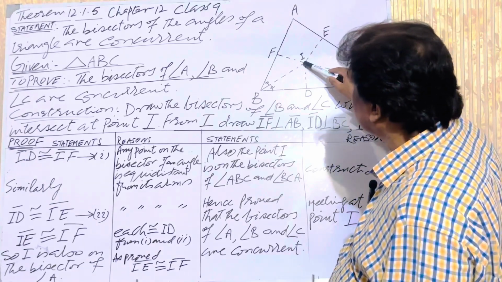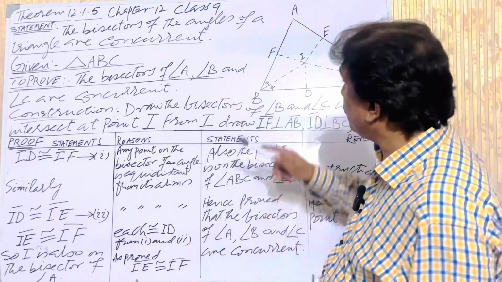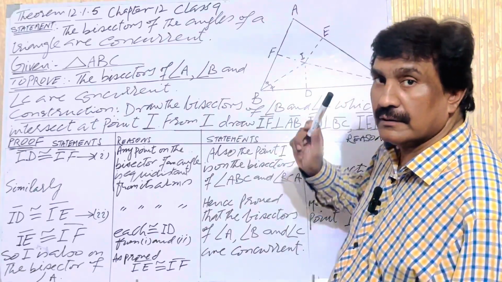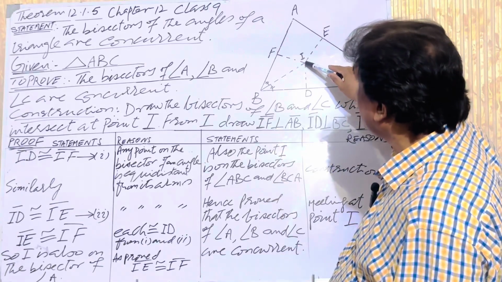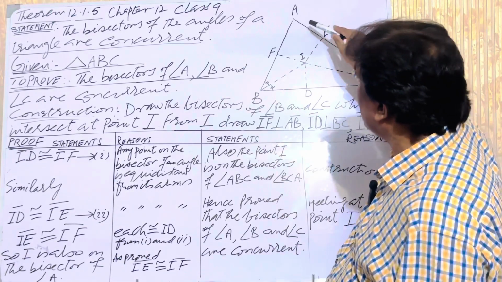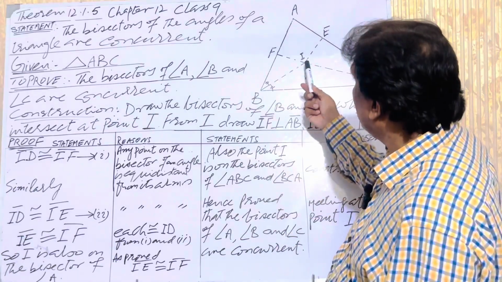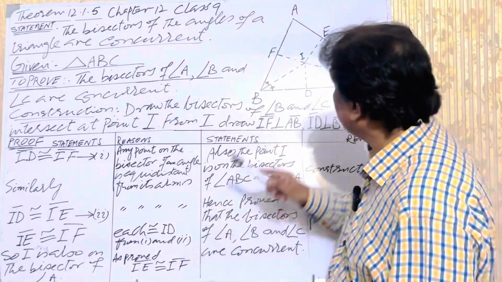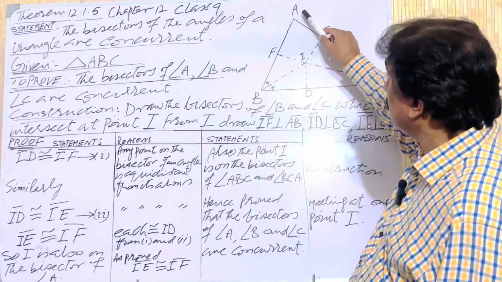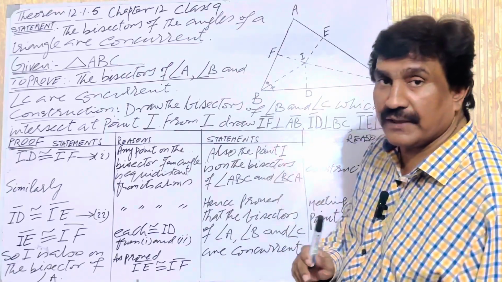So if the distance of any point from the arms is equal, it will be lying on the angle bisector, a theorem we have done previously. So the distance of I will be equal from this side AC and AB. It means IF and IE will be congruent. So that is why I will also be lying on the bisector of angle A.